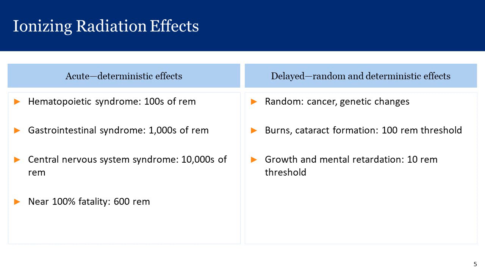But as the amount of dose goes up, these acute effects involve different organ systems. In this case, in the thousands of rem exposure level, we're talking about effects on the gastrointestinal system. And then at the tens of thousands of rem, we're talking about central nervous system involvement. Interestingly and importantly, from a public health and healthcare standpoint, at 600 rem exposure, there's near 100% fatality.